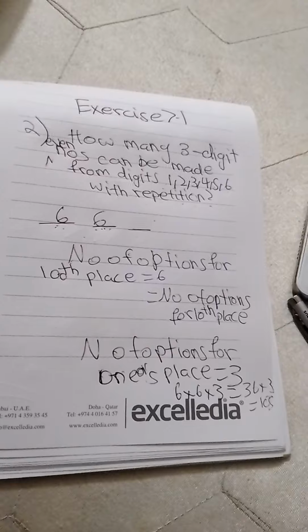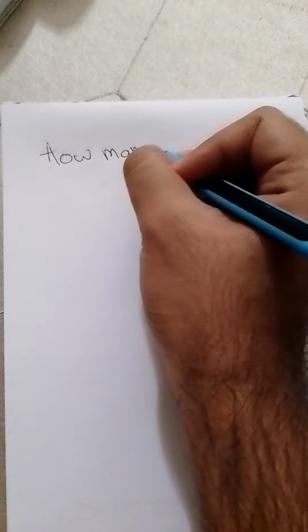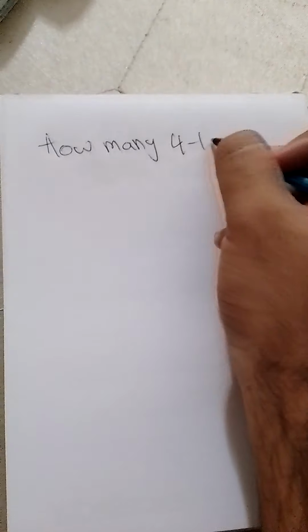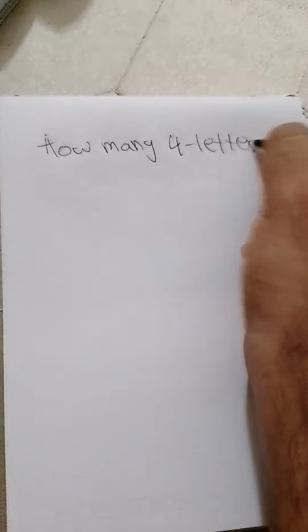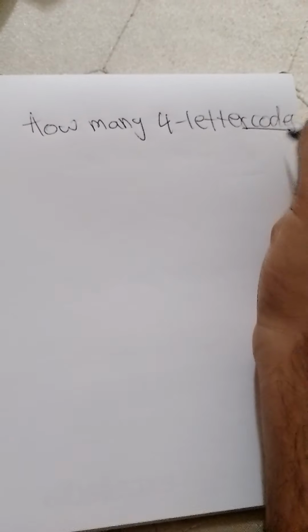Now the third question is quite similar, except the question is, let me read it for you. How many 4-letter codes, guys? The 4-letter code means word. They're asking for a 4-letter word over here.